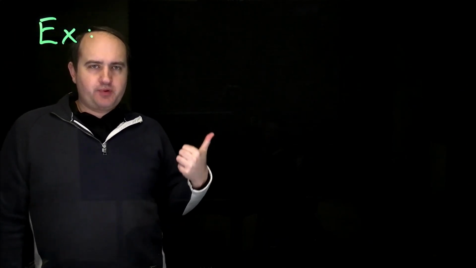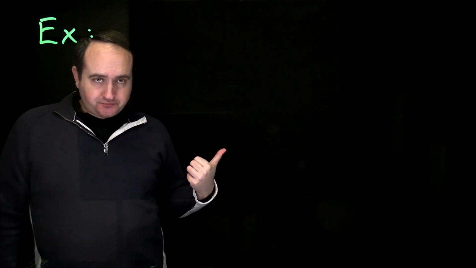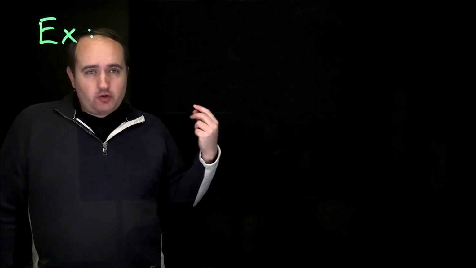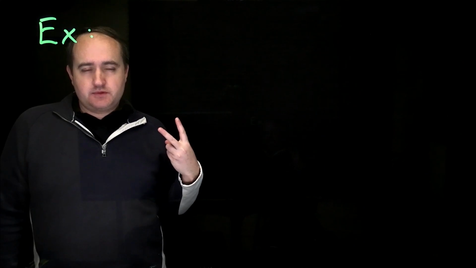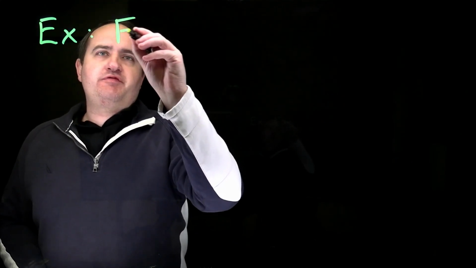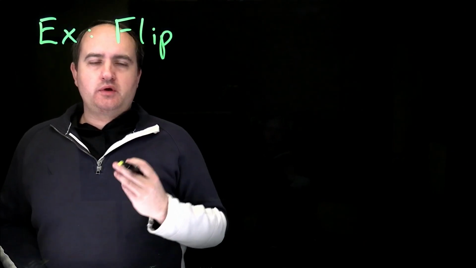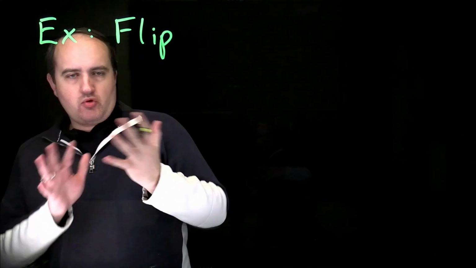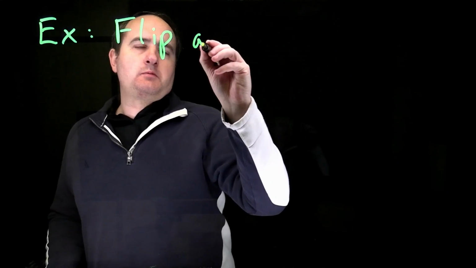So if you flip a coin, there are only 2 possible outcomes. Okay? So if you flip a fair coin, in other words, a coin that's not weighted more on one side or the other.